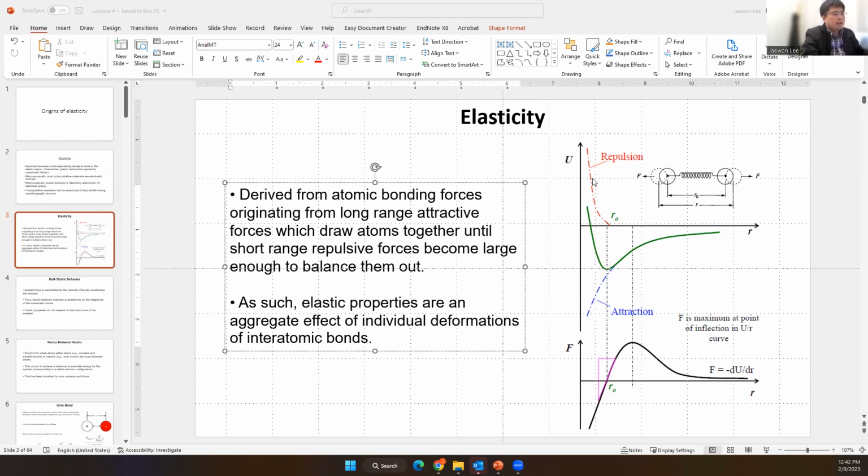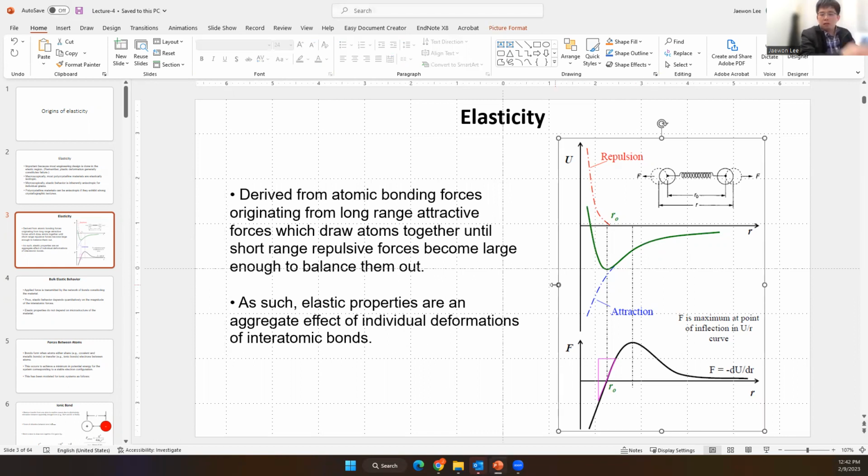So this is atom interactions. There are two main components: one is repulsion, and another one is attraction.